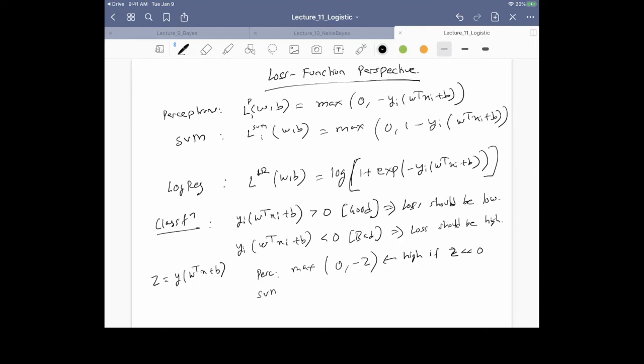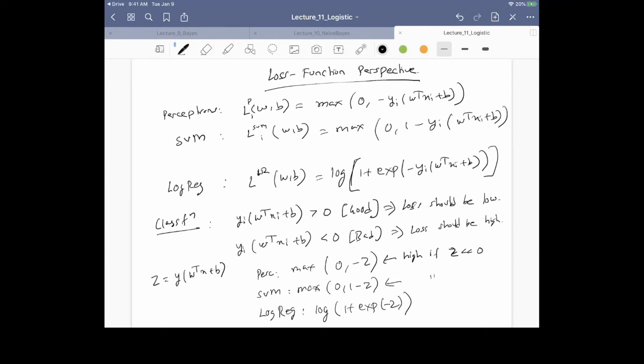Similarly, in the case of SVMs, we have max of 0 comma 1 minus z, so again we have the same intuition. And in logistic regression, the loss function is log of 1 plus exp raised to minus z. This also has the same intuition.